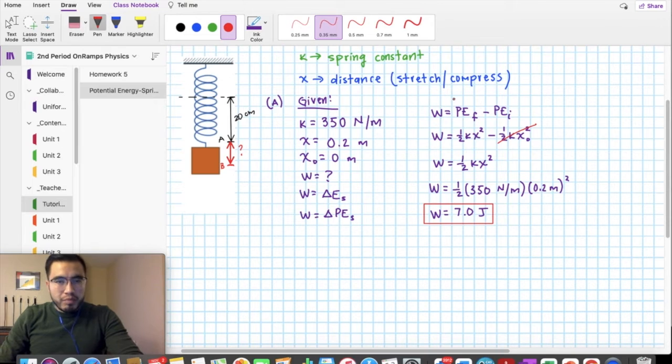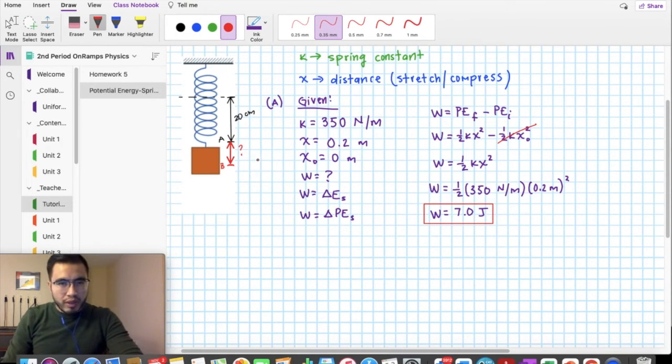There are a couple of ways to solve this one, to find that corresponding distance. The first one would be taking your initial position to be 0.2 meters. So x0 would not be 0 meters, but 0.2 meters. And then your final is just x, the one we're looking for, right? So that would be one way to do it.